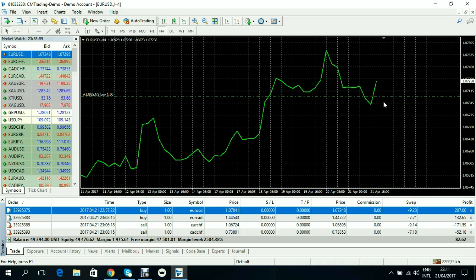Okay, we can see here that it's important to do this analysis on all the major pairs or any tradable instrument first, before deciding on those that have the highest probability of profiting.